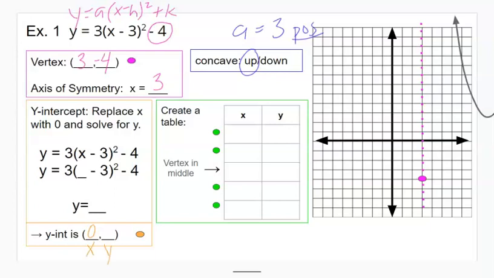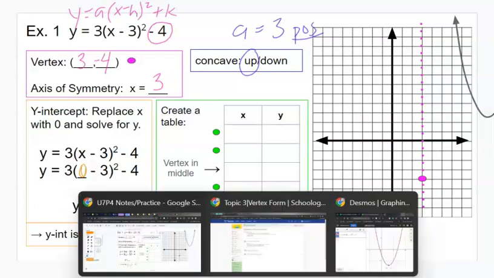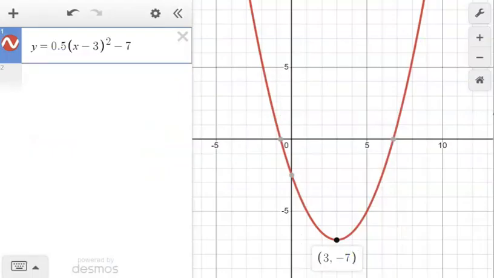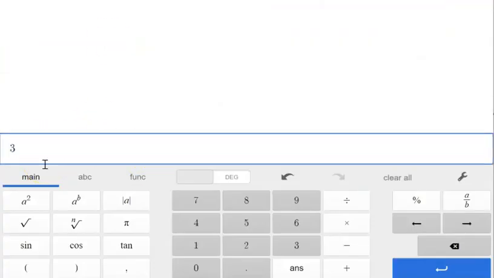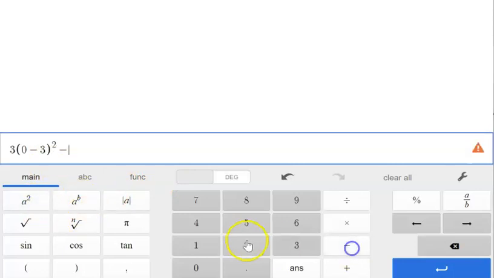So we replace our x with 0, and then we can use our calculator to evaluate that. So we have 3 times 0 minus 3 squared minus 4. So in this case, our y-intercept is 23.